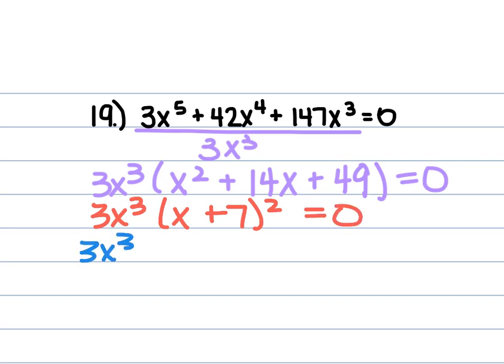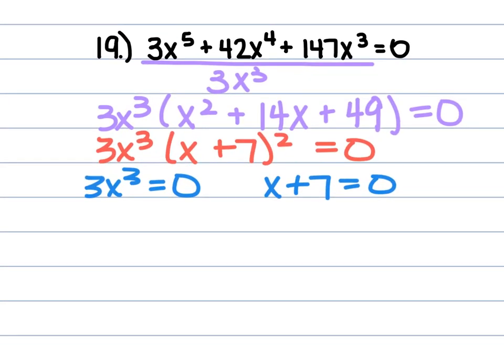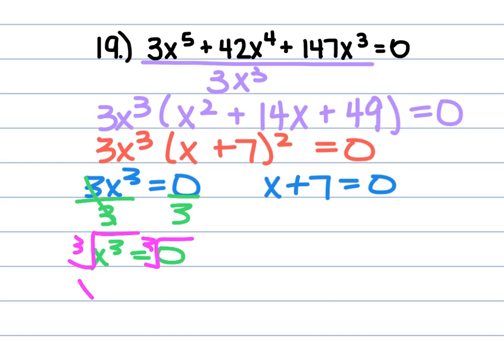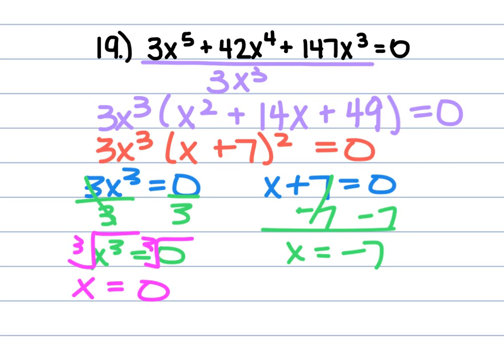So the 3x cubed is equal to 0, and the x plus 7 is equal to 0. So solve for each, divide by 3. X cubed is equal to 0. Cube root each side. X is still equal to 0. It kind of looks as not equal to, so x is equal, there we go. For the x plus 7 is equal to 0, subtract 7 from both sides, x is equal to negative 7.